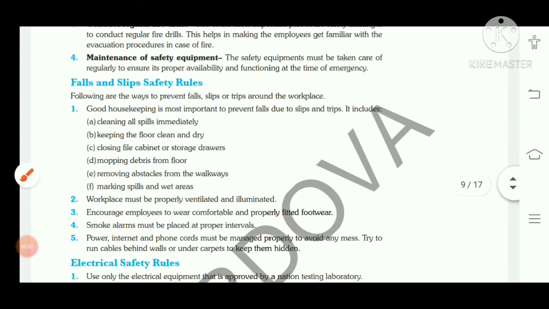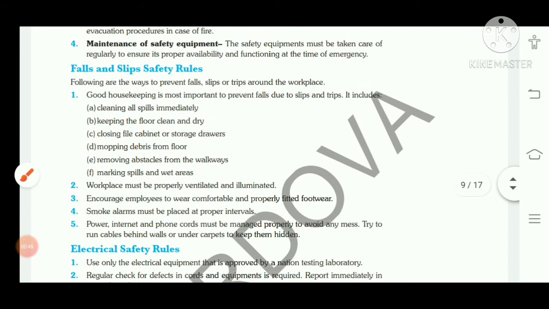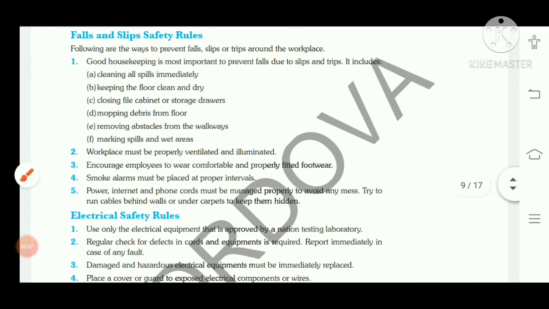Maintain safety equipment on a regular basis, at certain intervals. For fall and slip safety, passages must be clean, everyone must wear proper shoes, smoke alarms must be placed at proper intervals, obstacles removed from the walkways, and proper ventilation provided.